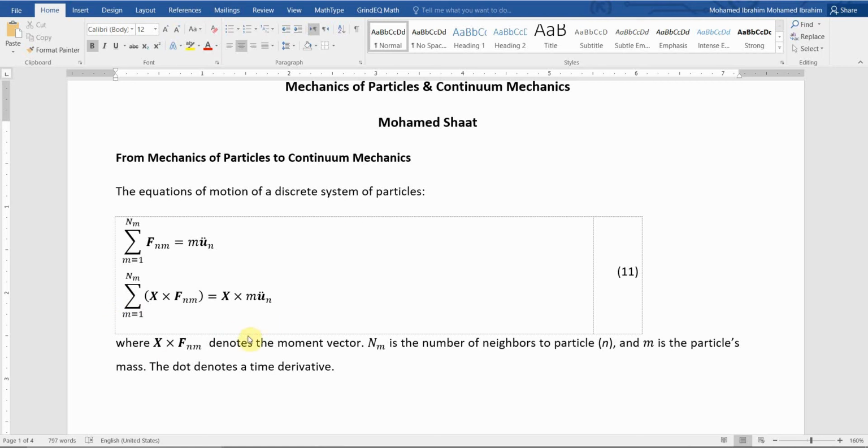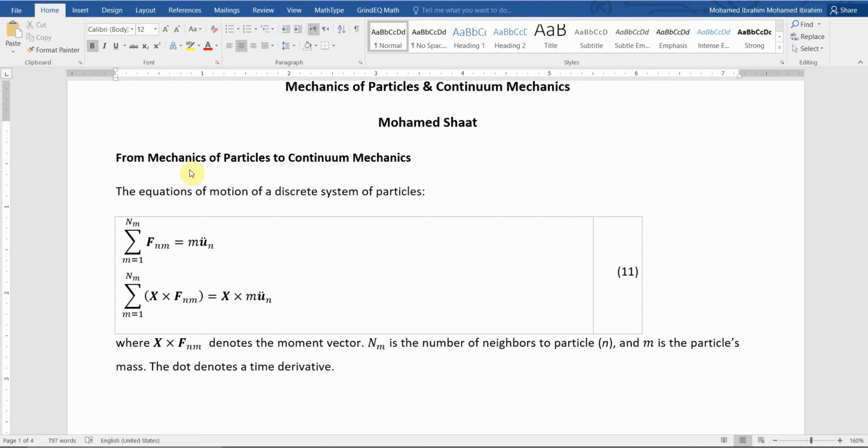This is the last thing we ended up with in the previous meeting. So we're going to continue from this point, and the focus of today's lecture is on continuum mechanics.